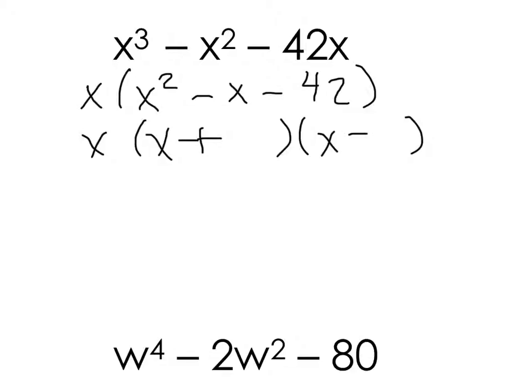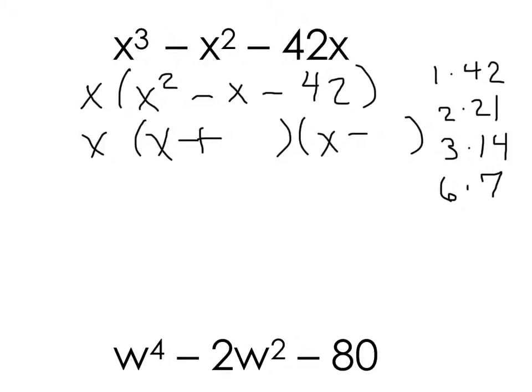plus and a minus. 42 is 1 times 42, 2 times 21, 3 times 14, 6 times 7. Boy, it helps to be able to multiply, doesn't it?